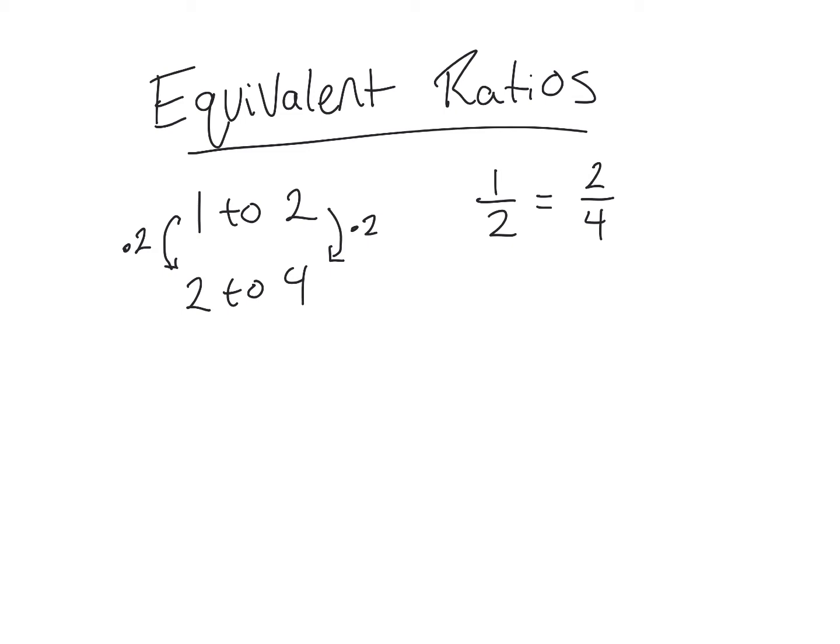So another example might be 10 to 15. Okay, I could multiply both of those numbers times 2, and I would get 20 to 30.